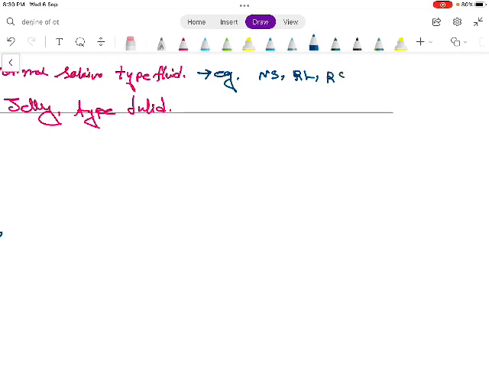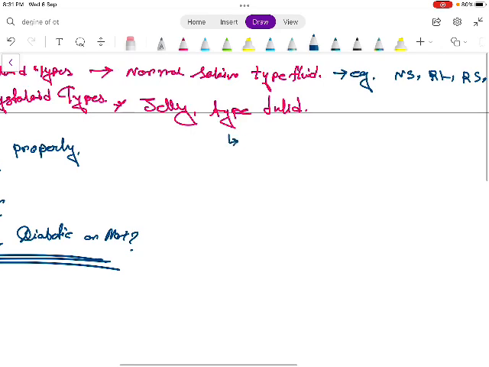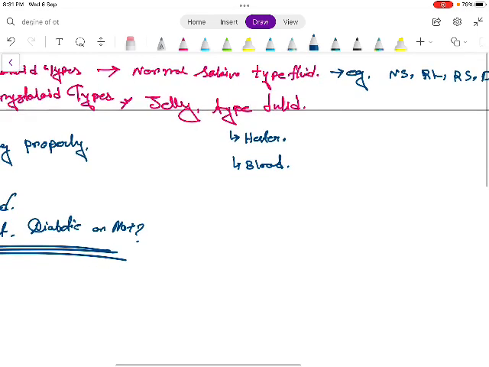And D5. And what is the colloid type? That is Haester, and blood. So you have to know both of those fluids properly, right?